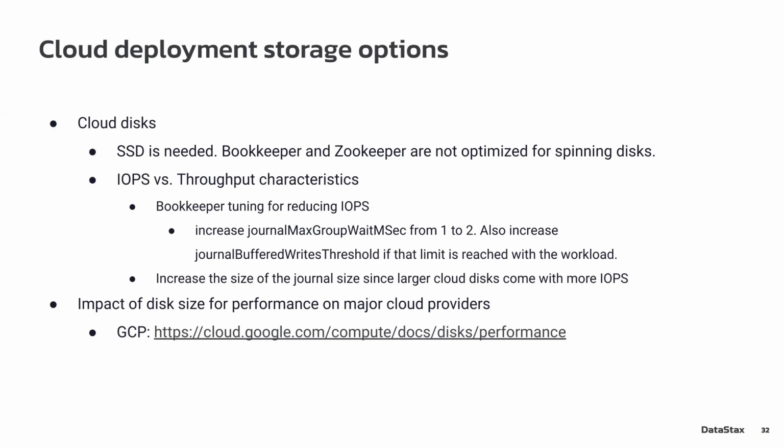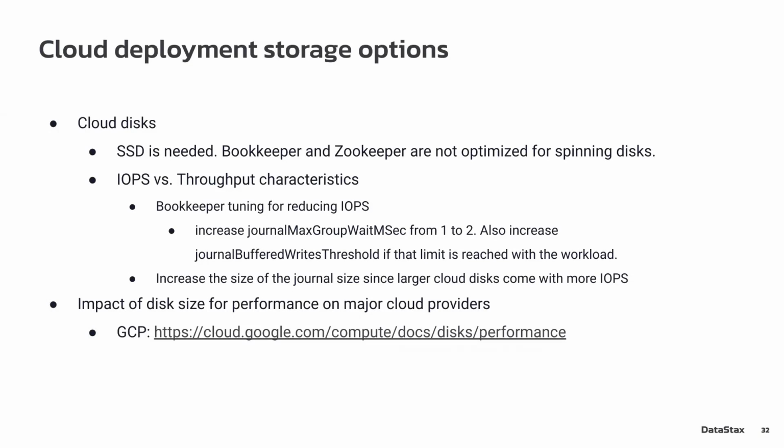But if you change that to 2, there will be a slight increase in latency, but that would reduce the maximum number of IOPS for writes to about 500 per second. So this could be a useful setting to tune.